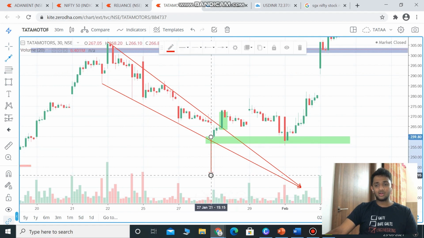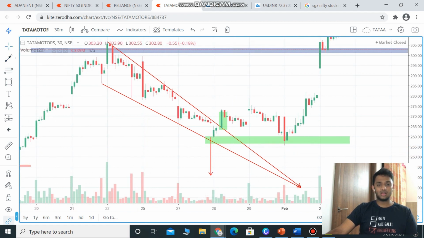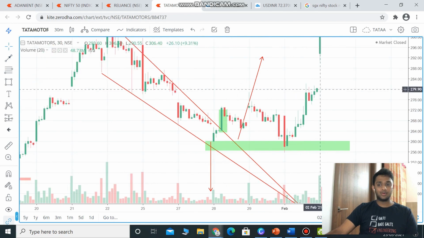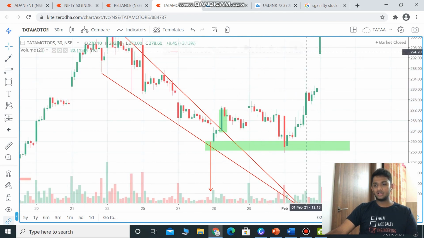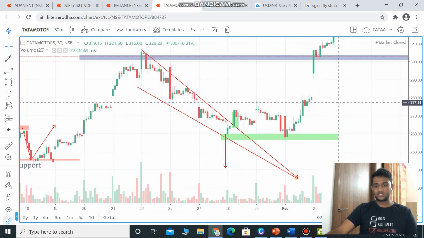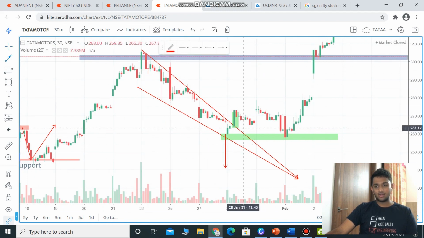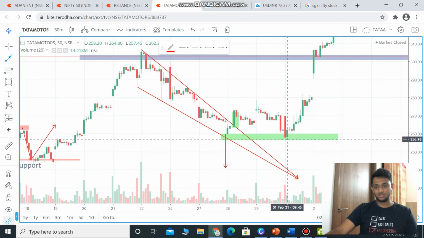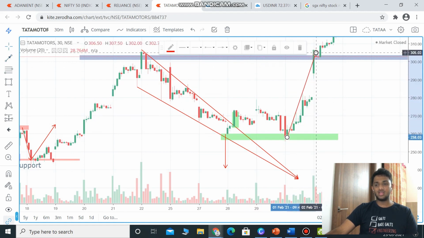If it goes below, it starts going on the downside. When it broke out here, it waits, makes a fluctuation, and the stock keeps going up.